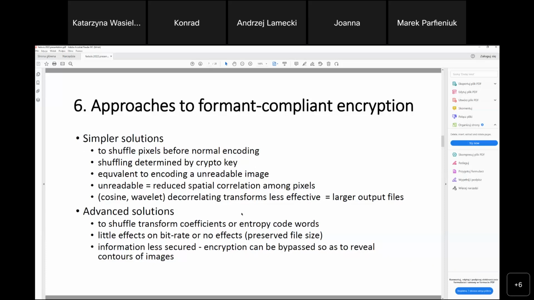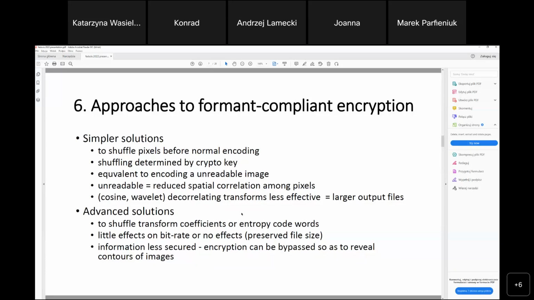It can consist in rearranging 8 by 8 pixel blocks, or single pixels, or pixels in blocks.